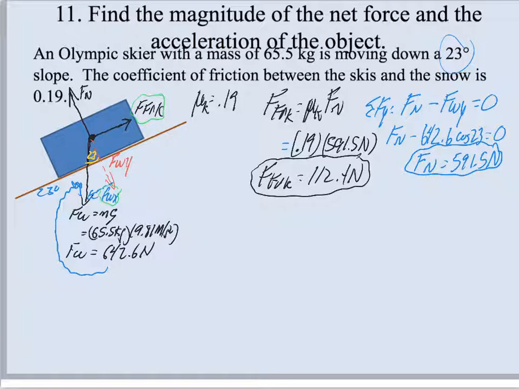So what I'm going to do is I'm going to sum my forces for the net force. In other words, along the x-axis, because that's where the acceleration is taking place. So I have Fwx, and I have friction. Now they're going opposite ways, so I'm going to subtract them. And what will the net force equal to? Well, again, what is the second law of motion?